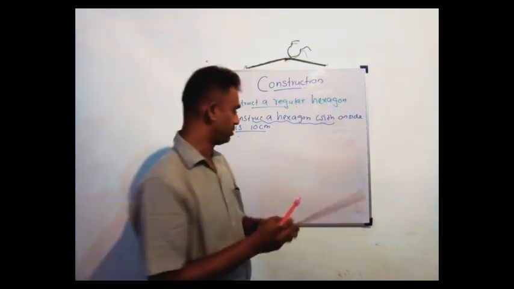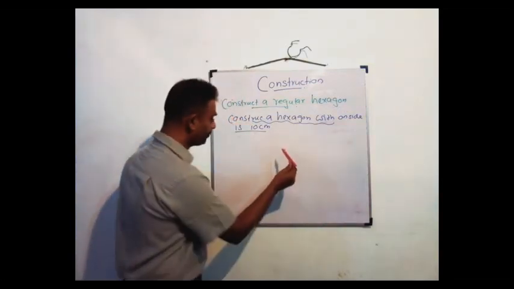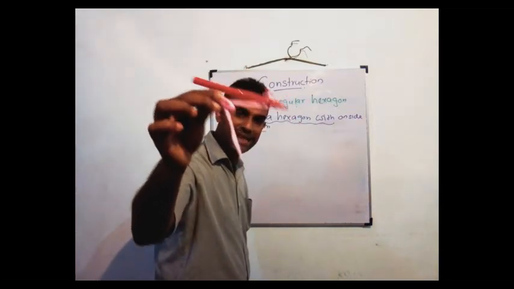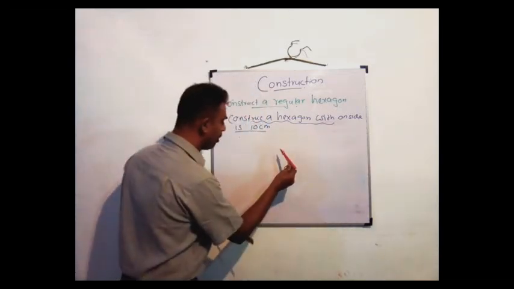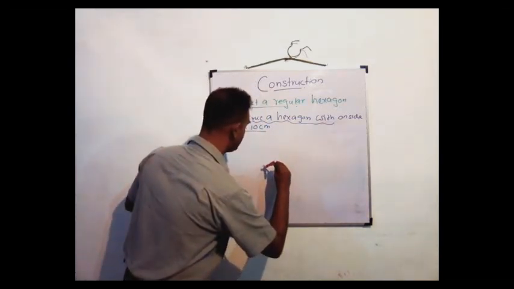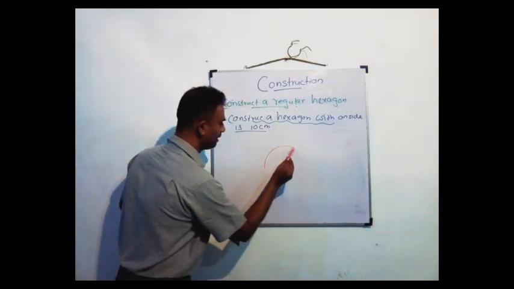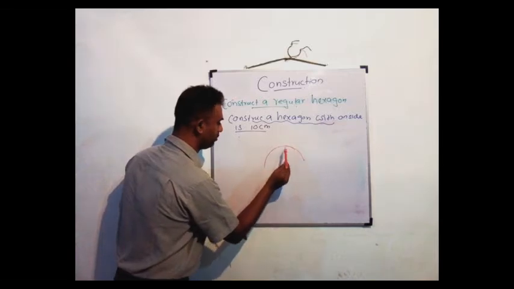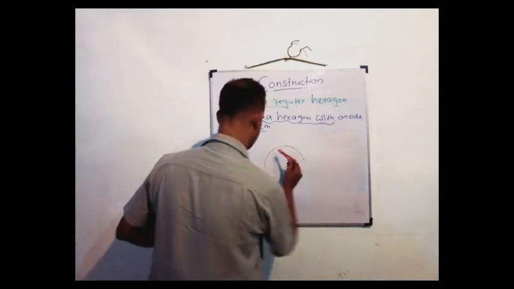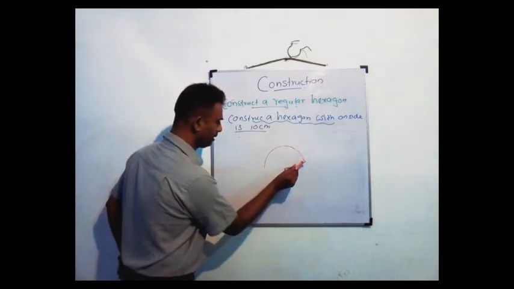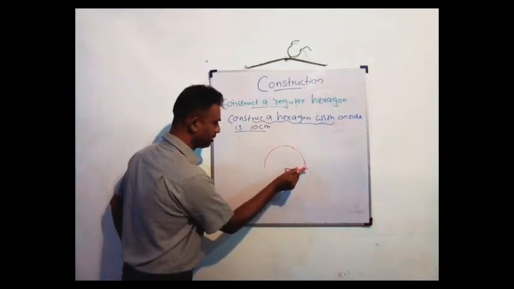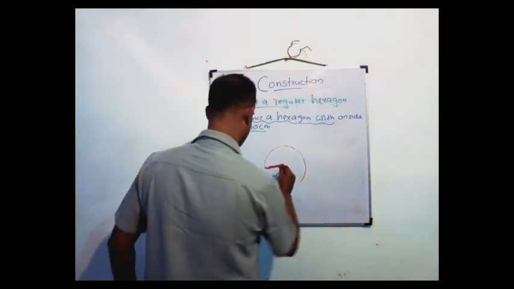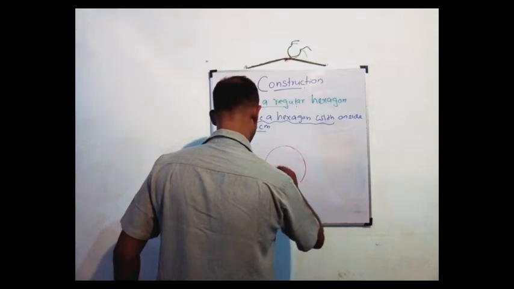By using this measurement, this length, this distance, firstly we want to draw a circle. I draw a circle here. It's somewhat difficult because it's a small one. When you draw a circle, don't use this method.